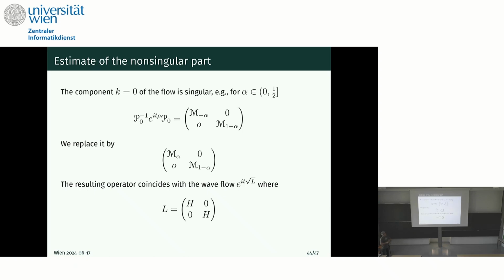And the trick is, we can rely on what we are able to do for the Schrödinger Hamiltonian. This works for all components but the singular one, of course. So if you replace the singular part, which means kappa equals 0, by this, with only positive indices here, then you get the wave flow of the standard Hamiltonian.